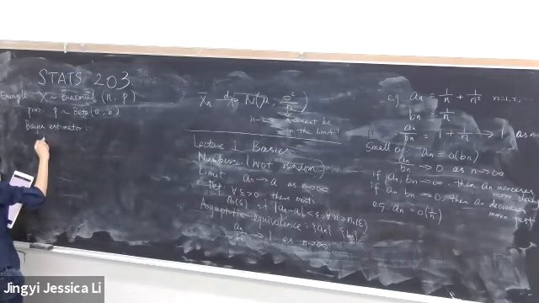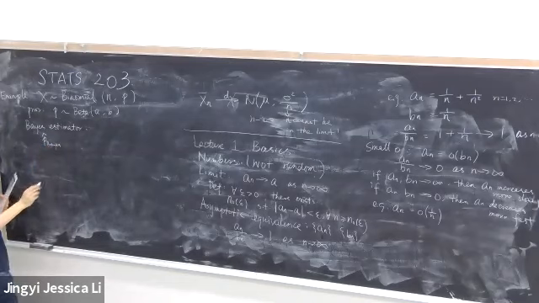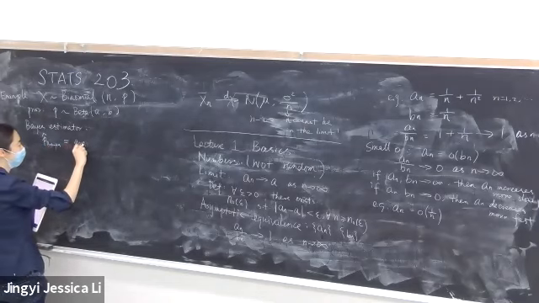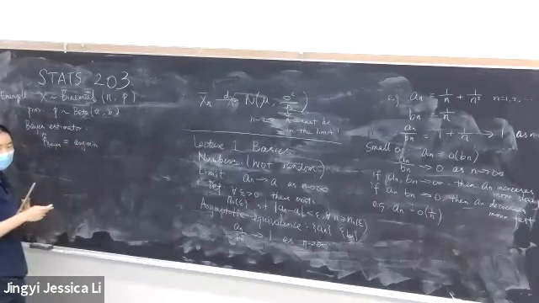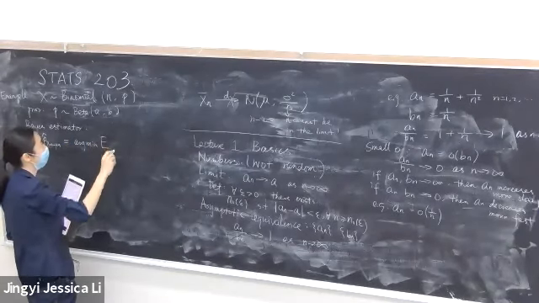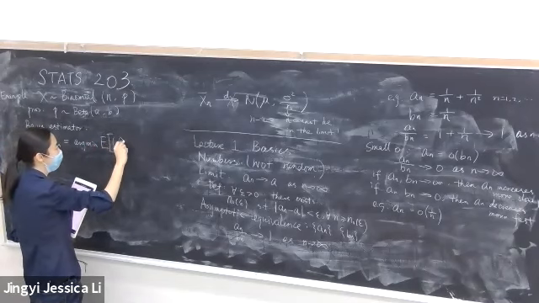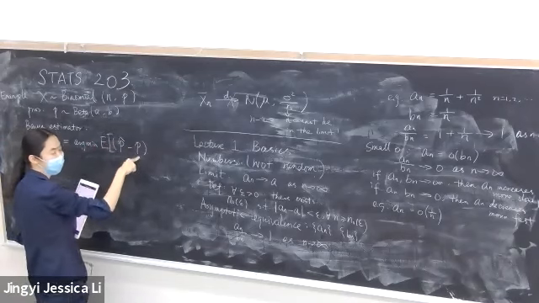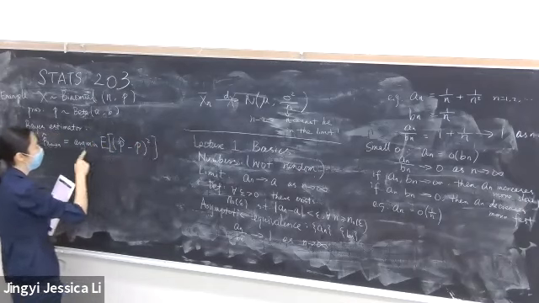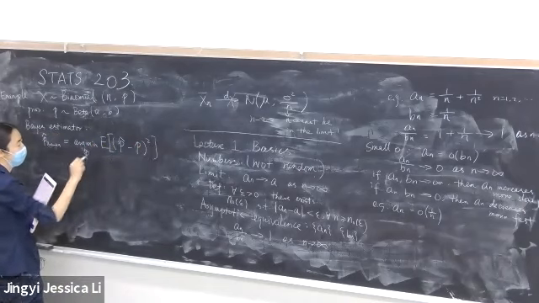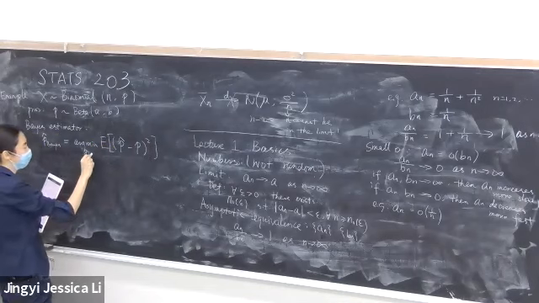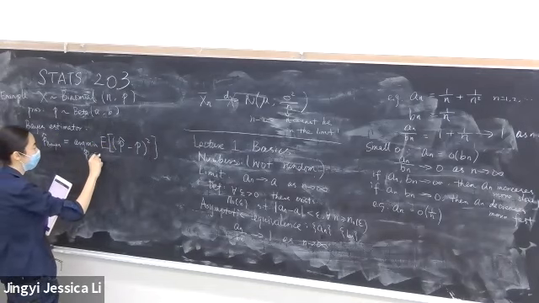I'll write it here, I call it p hat Bayes. It is the minimizer of this loss, the expectation of p hat minus p, this is the parameter p, squared. And this is over all possible p hat. And of course, this p hat must be between 0 and 1, right?